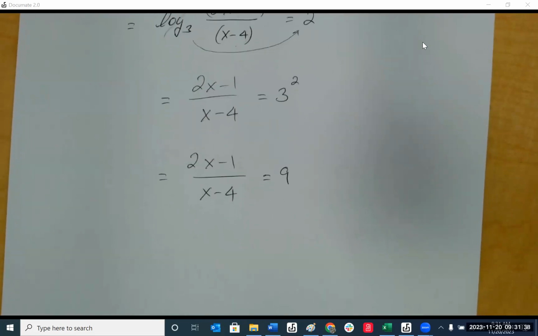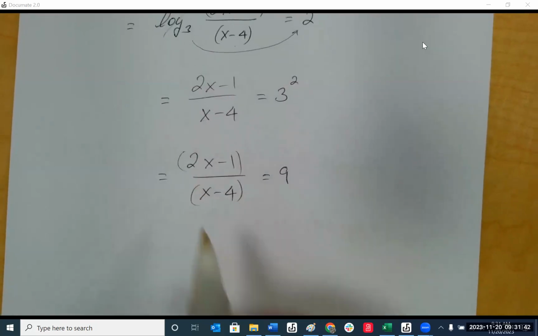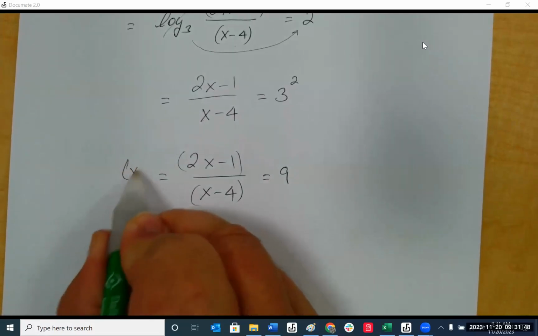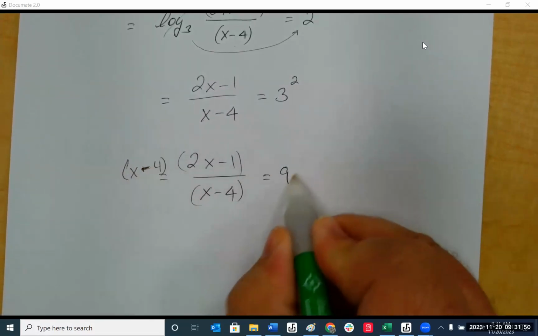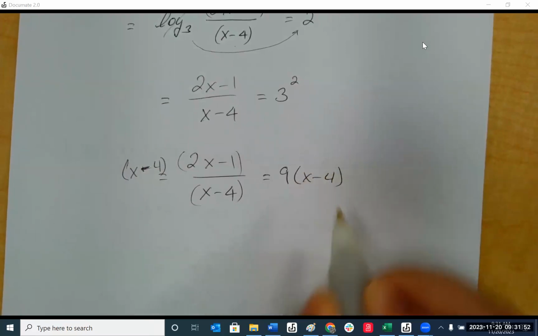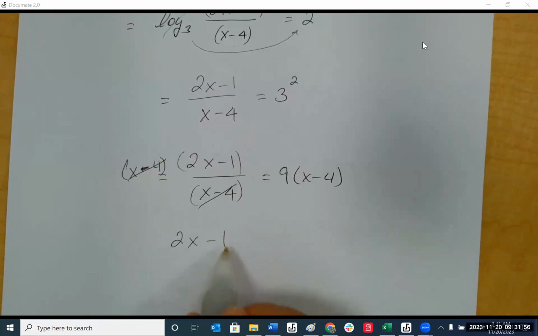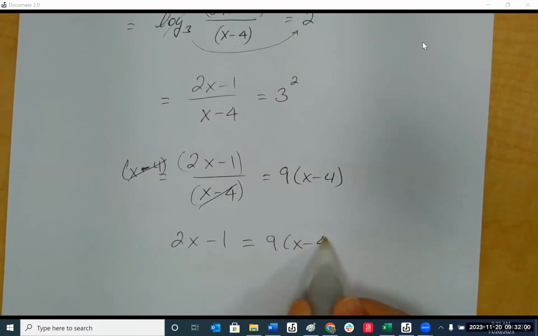Now what do we do? I have a fraction and an equal sign. Multiply both sides by the denominator. Two x minus 1 equals 9 times x minus 4.